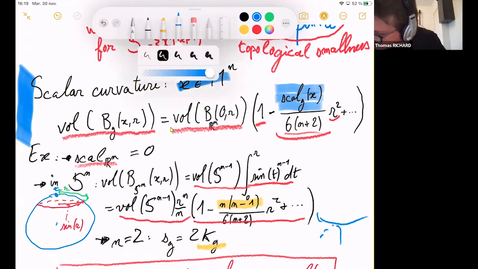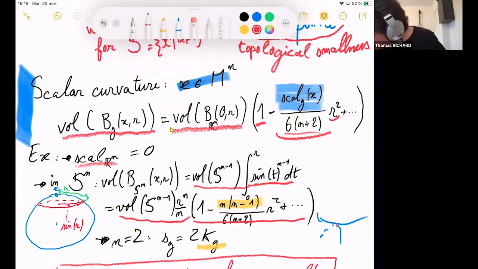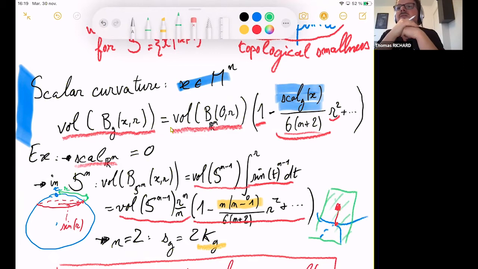Then you consider a normal vector here. And if you want to take the most geometric possible definition, you take some planes containing the normal vector.